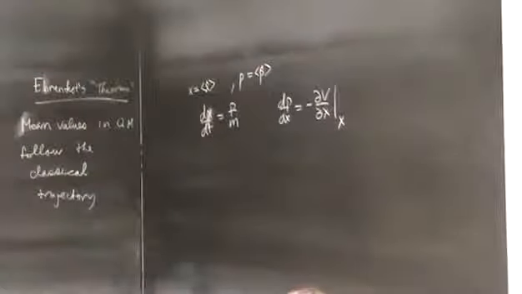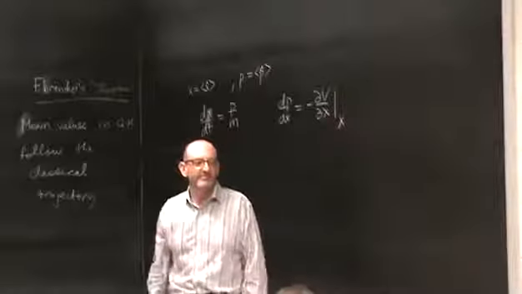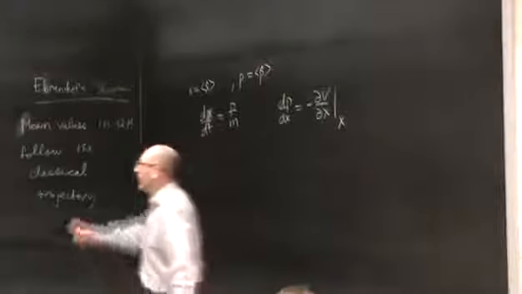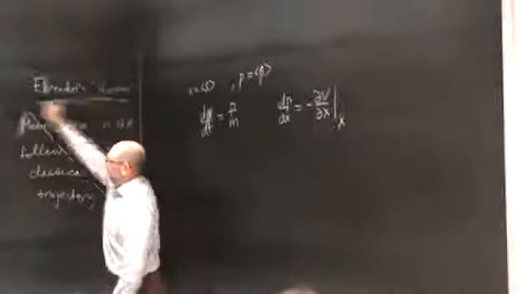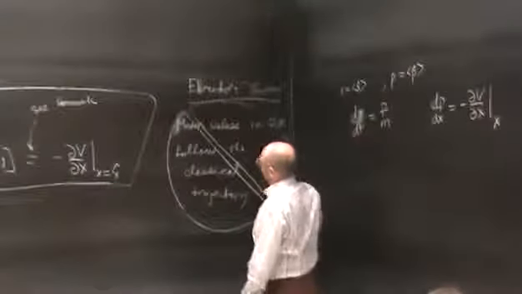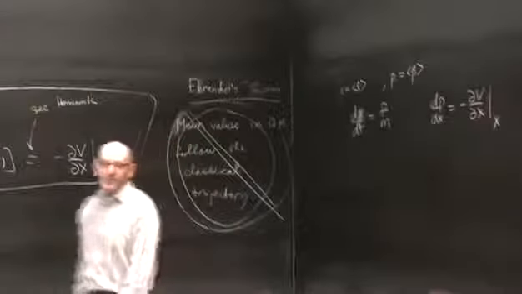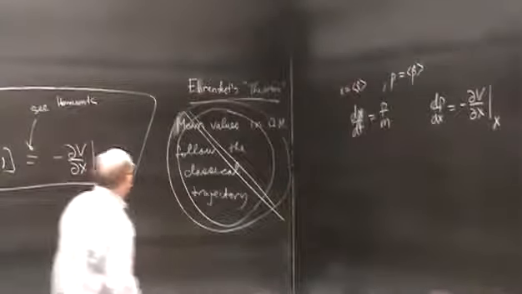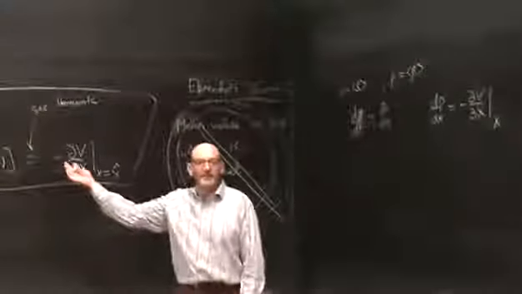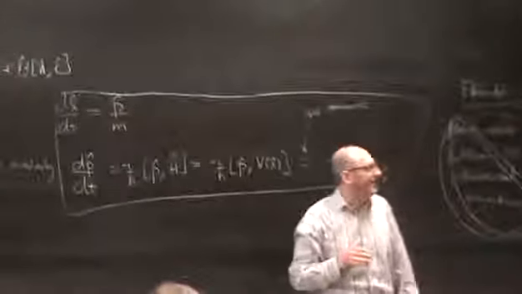So it looks like I just recover classical dynamics as long as I follow the center of the wave, the mean value. Now, this is wrong. Why is it wrong? I mean, it looks like that's true. There's a very subtle point here.